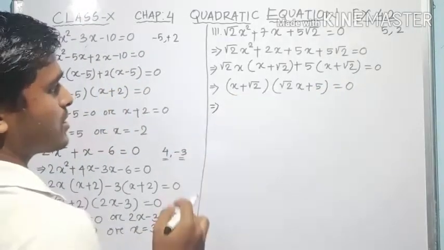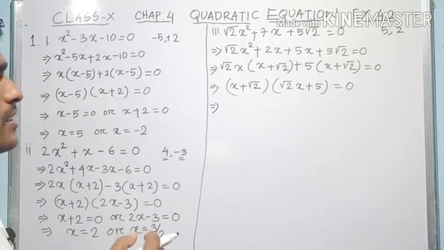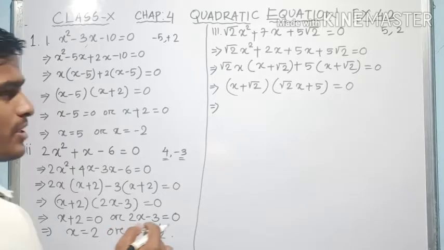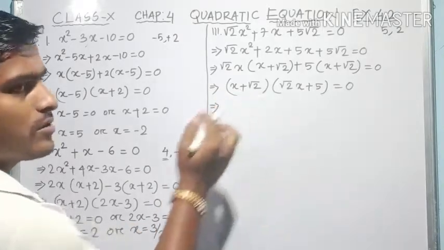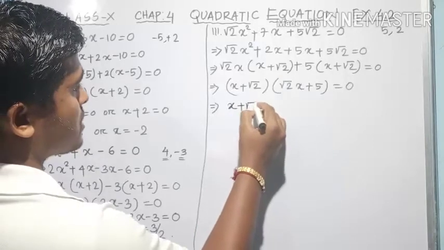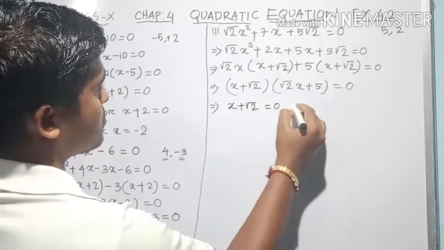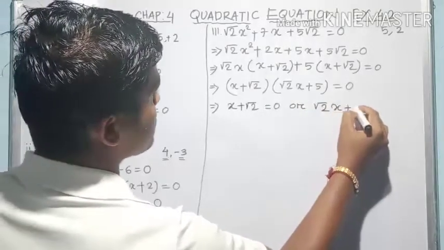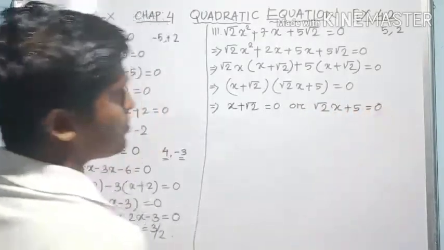Now these are the two factors, x plus root 2 and another factor is root 2 x plus 5. Equate each factor with 0 to get the solutions. So x plus root 2 is equal to 0 or root 2x plus 5 is equal to 0.